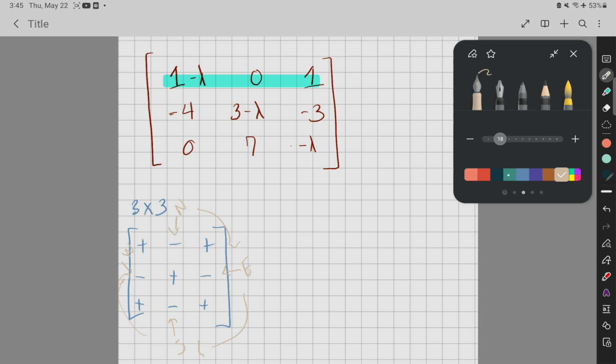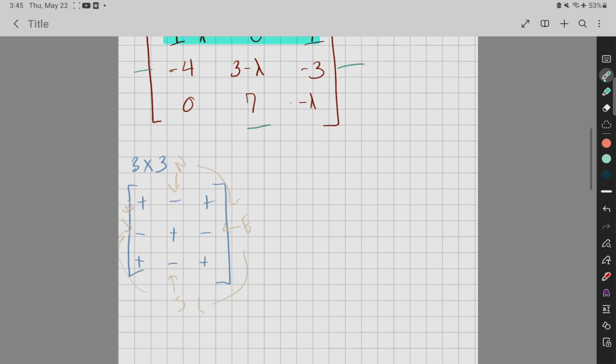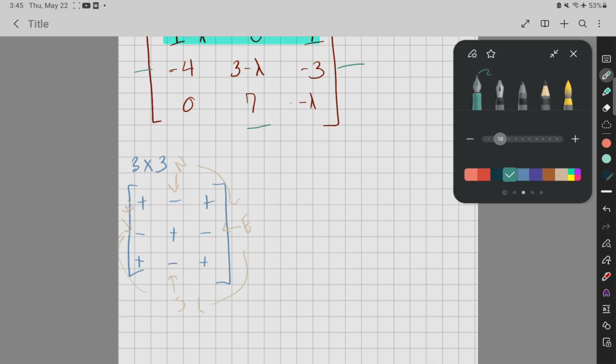What I always do is put it on the top, put it on the side, put it on the bottom. I go in that row. So anything that I did not mark, that's going to have a positive alternating sign to it. That's how I understand it. Take with this what you will. Okay? But I'm just going to leave that up there.